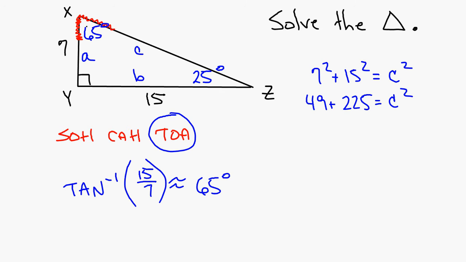So 274 equals C squared. And you find the square root of that. On your side lengths, you're going to round those to the nearest tenth. So the square root of 274, 16.6. So your hypotenuse in this problem is 16.6.